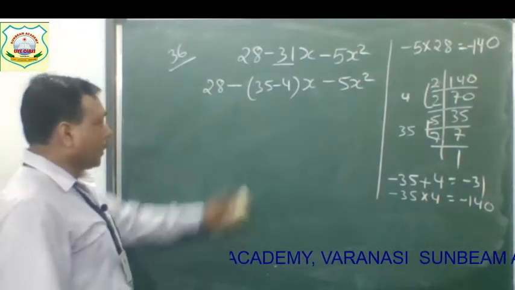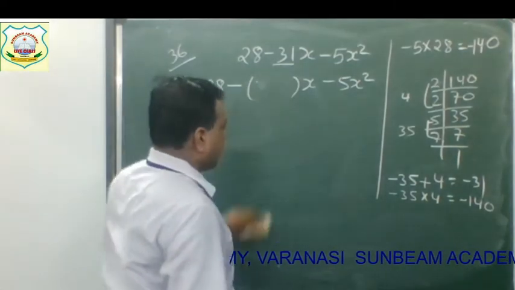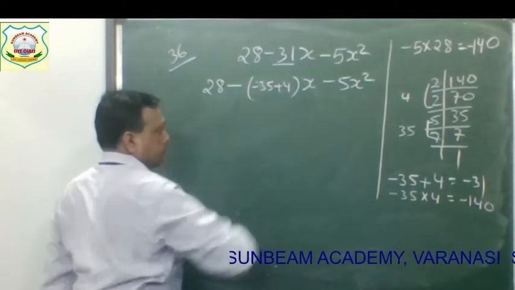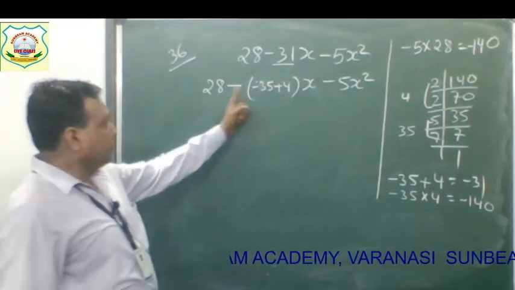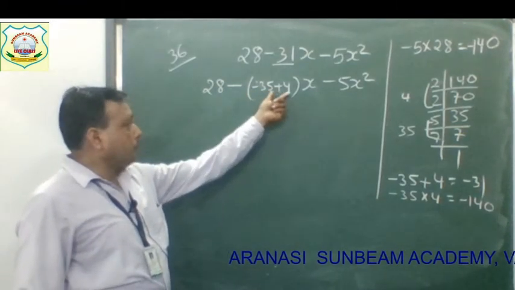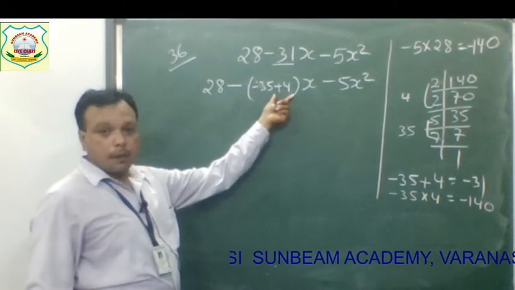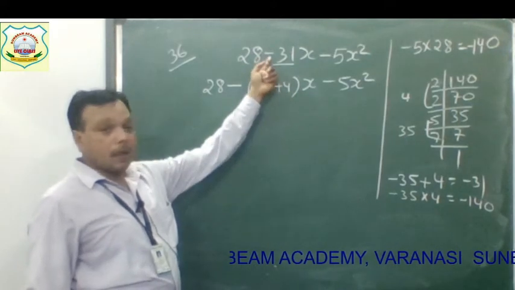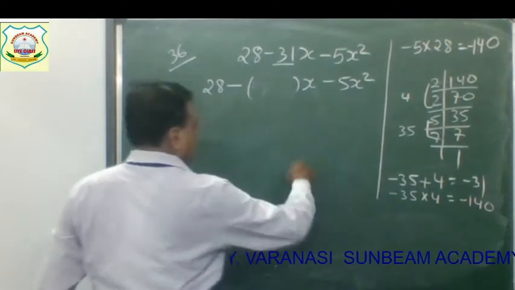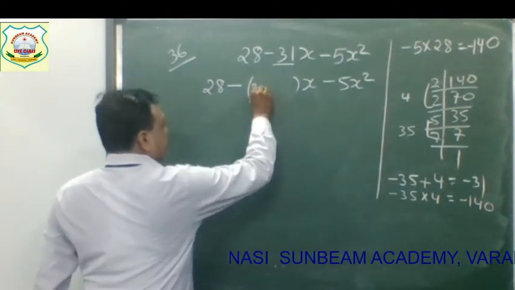Clear students? What have we done? First of all, we are writing only minus 35 plus 4 this way. What will happen when we open the bracket: minus minus plus, plus 35 and minus 4. 35 minus 4 is 31, only in plus. But here it is minus. So we will not write this way, we will write 35 minus 4.